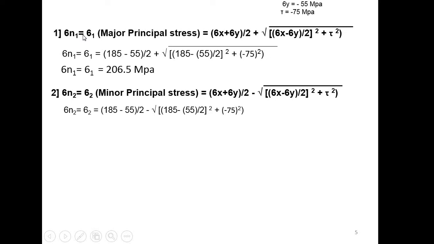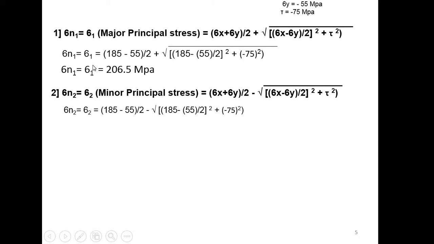Sigma n equal to sigma n1 equal to sigma 1, that is major principal stress. So we know the formula: sigma 1 equal to (sigma x plus sigma y) by 2 plus under root (sigma x minus sigma y by 2) bracket square plus tau square. According to the given data, sigma x equal to 185 MPa, sigma y equal to minus 55 MPa, and tau equal to minus 75 MPa.